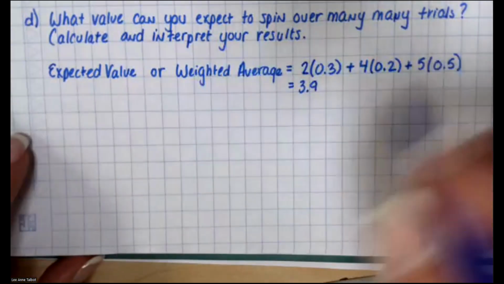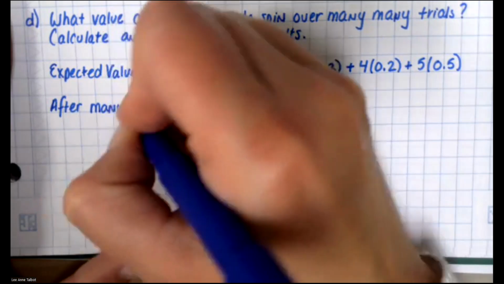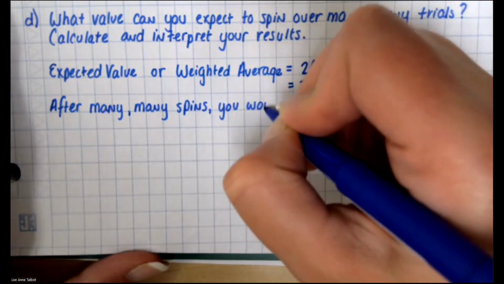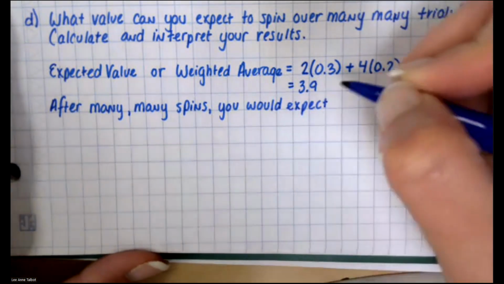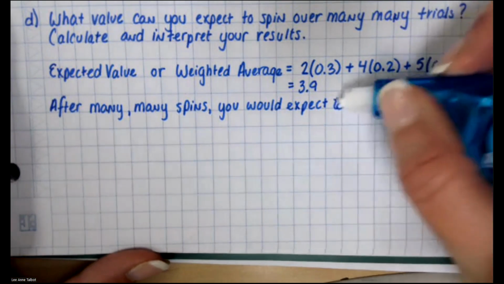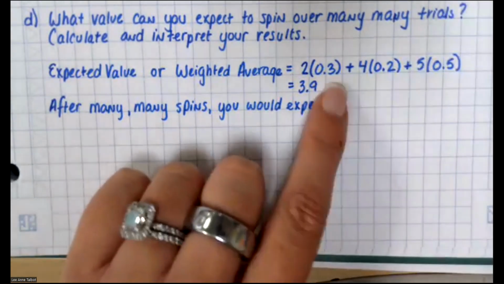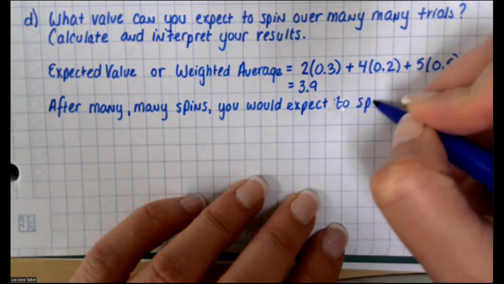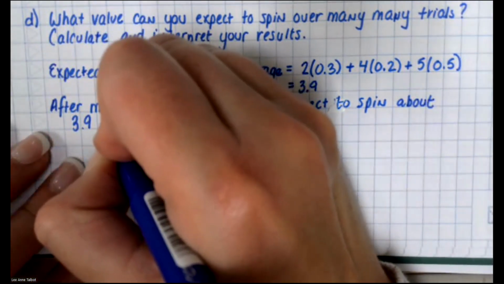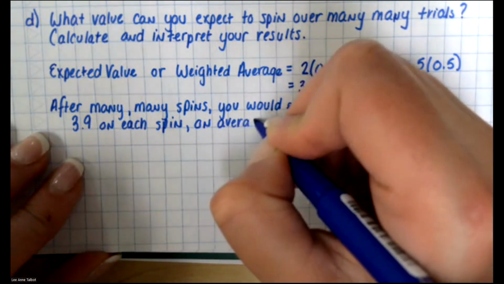Okay, so what we say to make ourselves feel better: after many, many spins, you would expect to get about 3.9 on each spin on average.